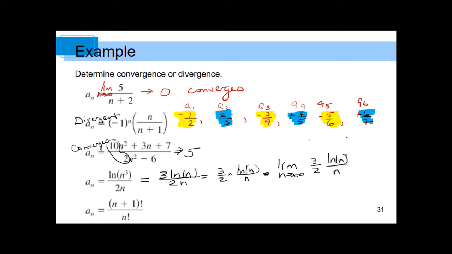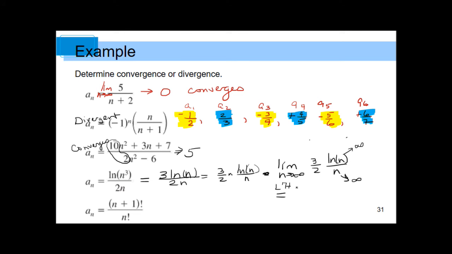Now, if you try evaluating at this point, n is going to infinity, and when you plug in larger and larger numbers into natural log, you get larger and larger numbers. And the denominator is unbounded as well. So this is an indeterminate form, but it's one where we can use L'Hopital's rule.